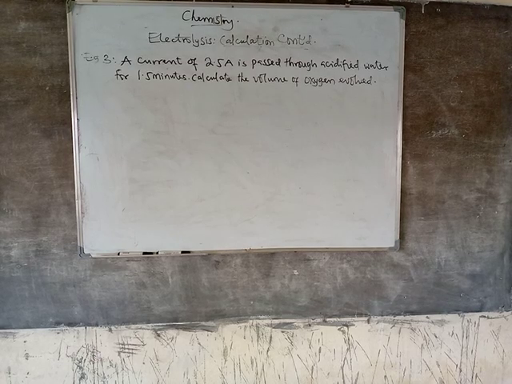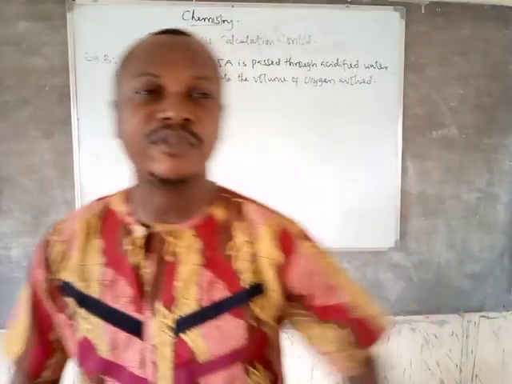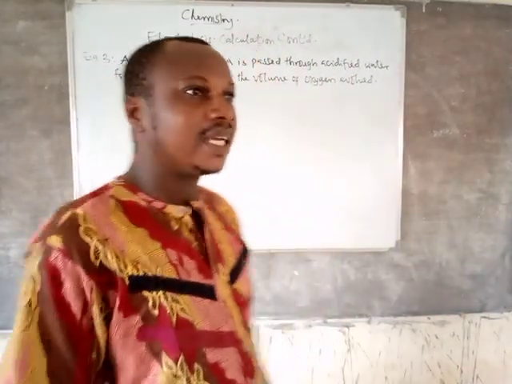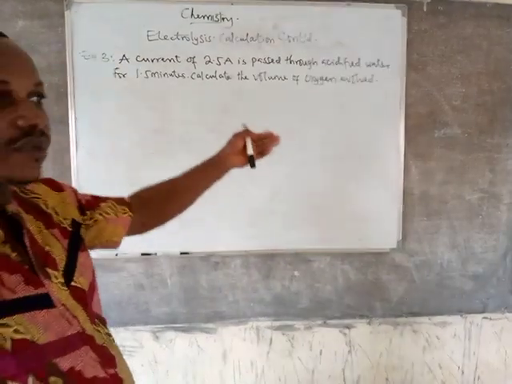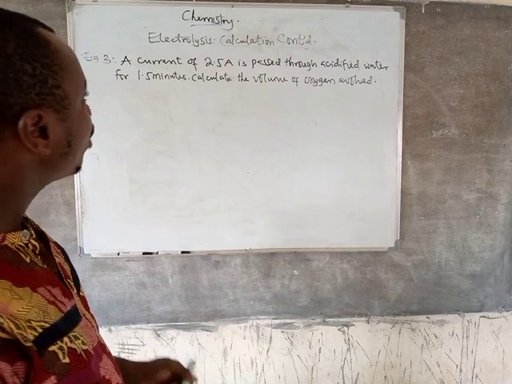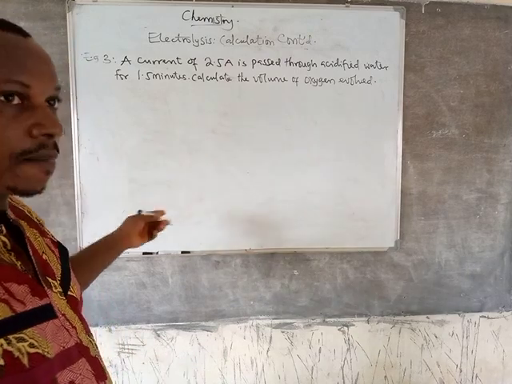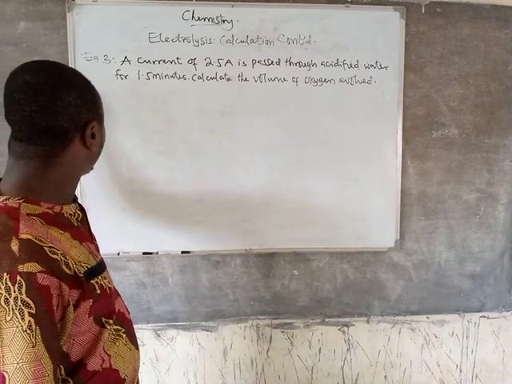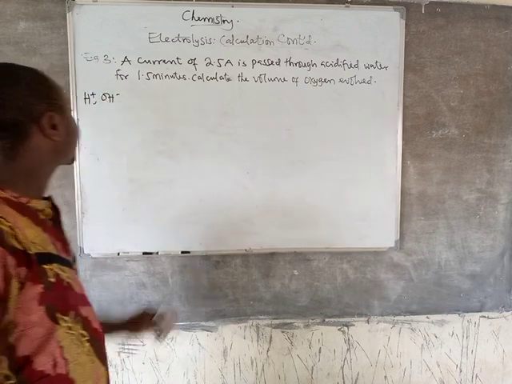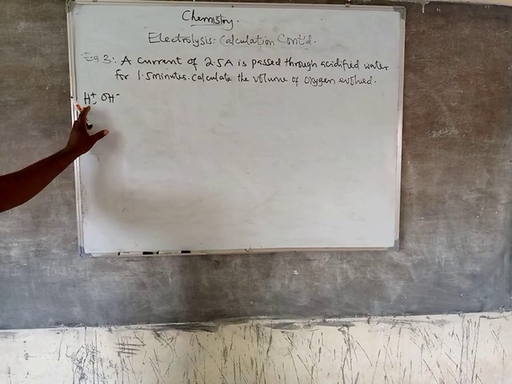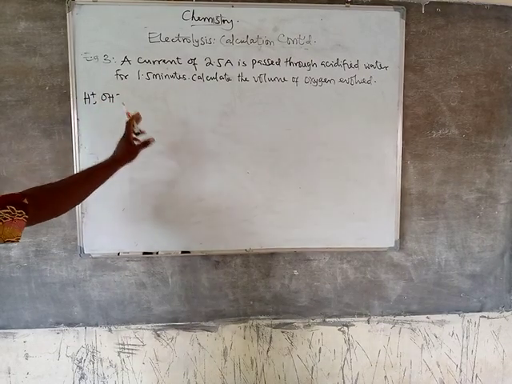Here, the bone of contention is what could be the equation for the reaction. This involves oxygen, of which we know that the dissociation of water involves two things: hydrogen ion and hydroxide ion.